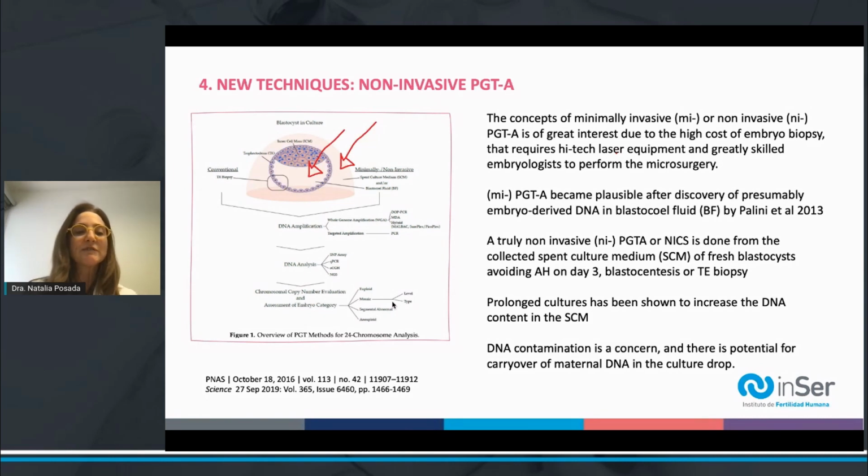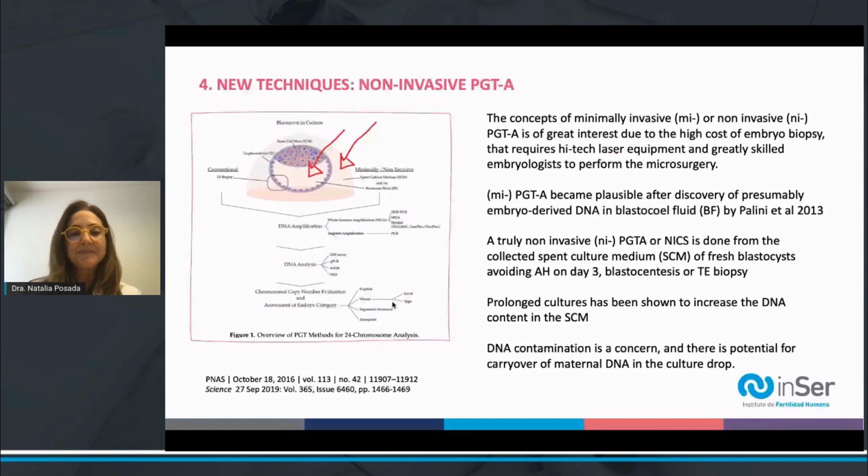So initially, Palini and co-workers described something called minimally invasive PGT, in which the blastocele liquid from the inside of the blastocyst was aspirated. However, to really call a technique non-invasive, one should not even puncture the blastocyst. So this non-invasive PGTA that is nowadays being studied refers to the evaluation of the spent culture media where blastocysts are cultivated.